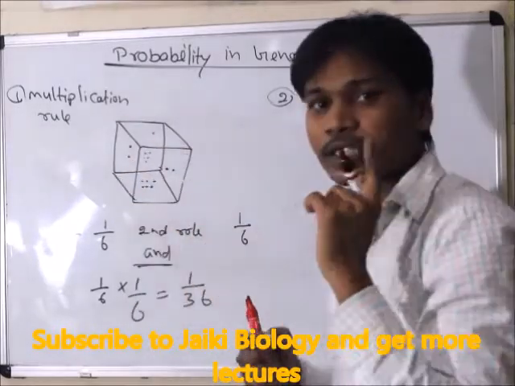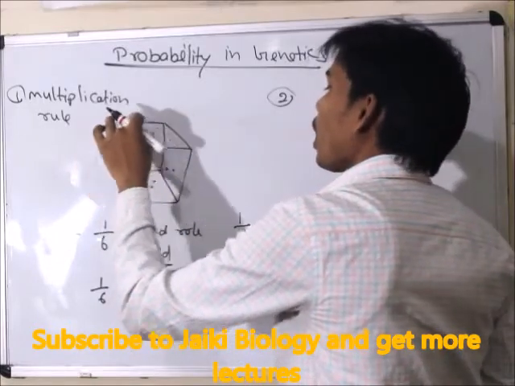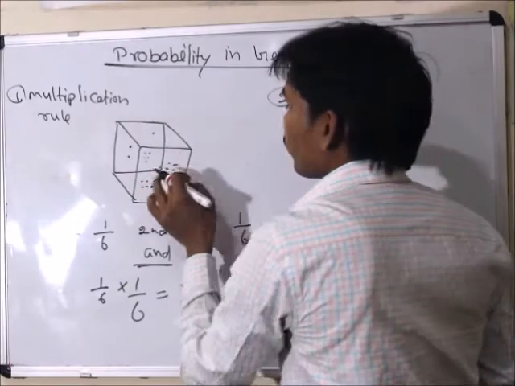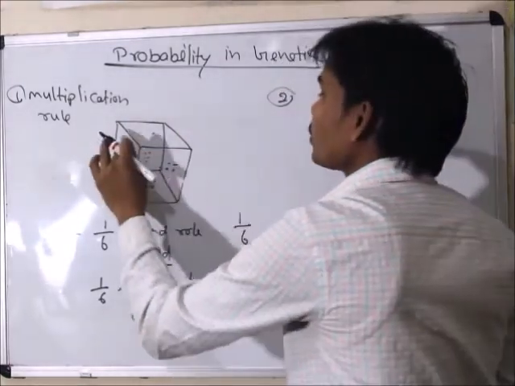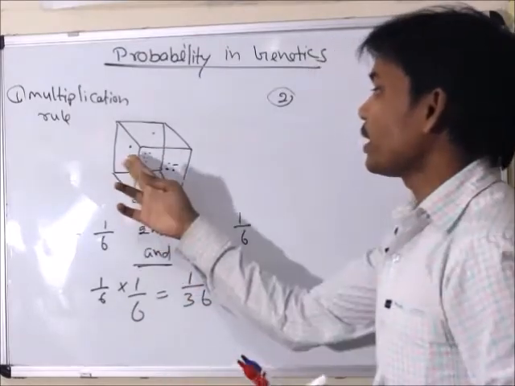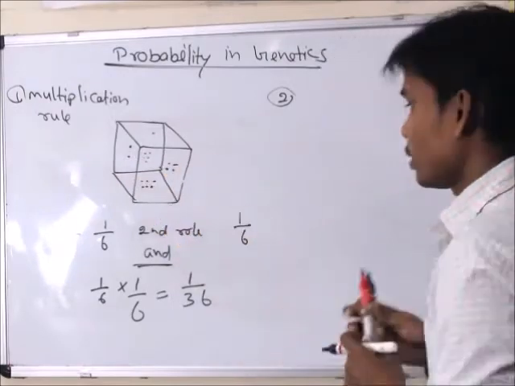Second, if you roll a dice, what is the probability that in a single roll the outcome is either 2 or 4? That is getting 2 chances in a single roll, either 2 or 4.